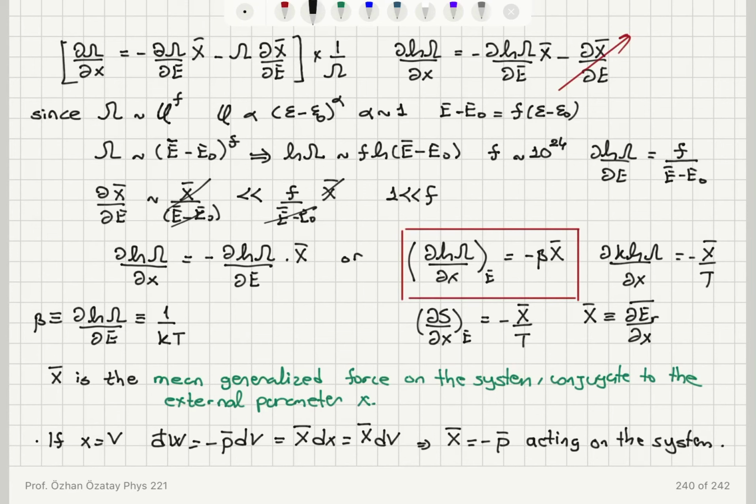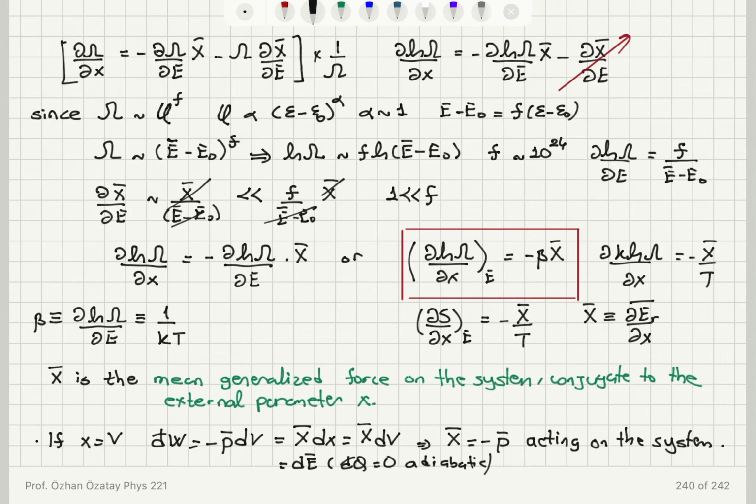And we have shown that in the case of x is equal to V for a gas, where the work done on the gas is minus p bar dV for a quasi-static process, this is equal to X bar dx, which is equal to dE bar if it's adiabatic. So d bar Q is 0 for adiabatic.